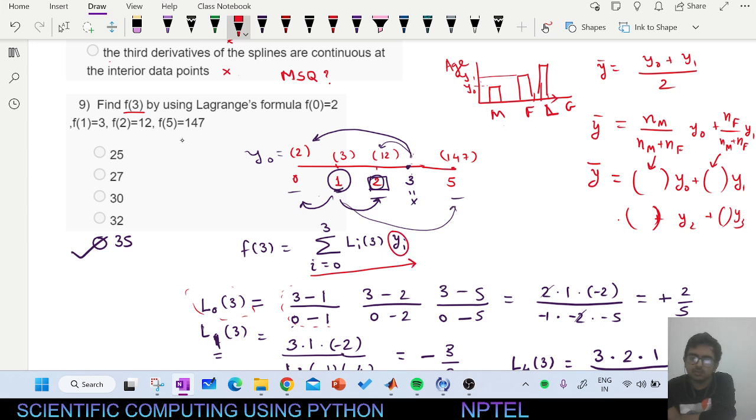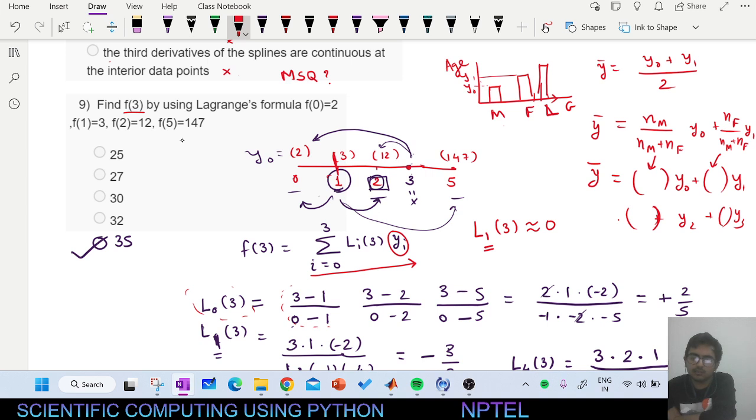Okay. So if L1 of 3, let's say, is close to 0, what it means is that where 3 is doesn't matter. What's the value of 3? Sorry, 1, because L1 is 0. So you can change this point and it's not going to matter so much.